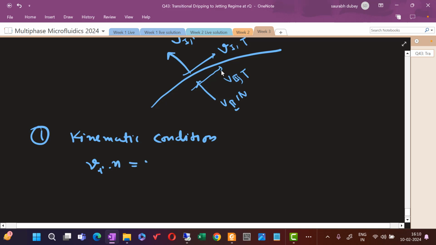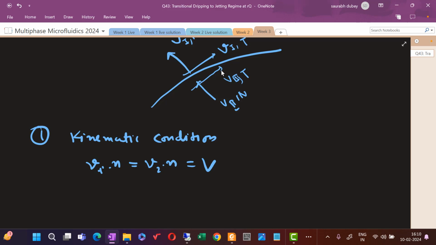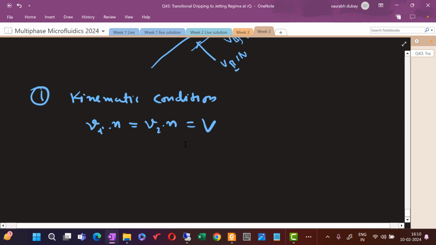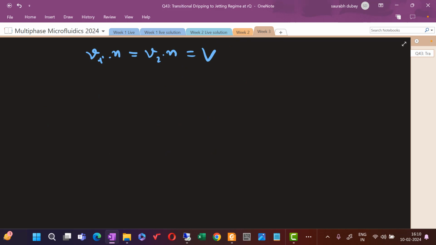Obviously this will be there for the tangential direction and also for the normal direction. That has to be there if there is no jump, and then you actually come to know why these are important.